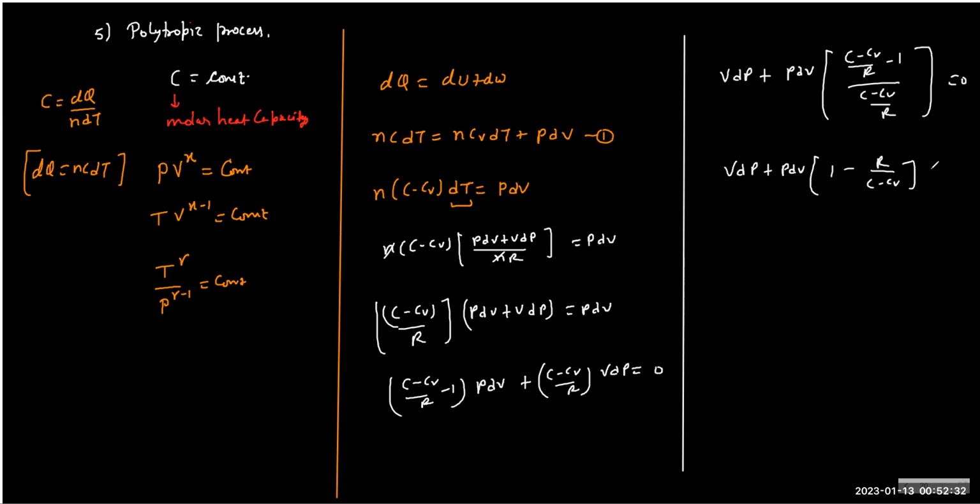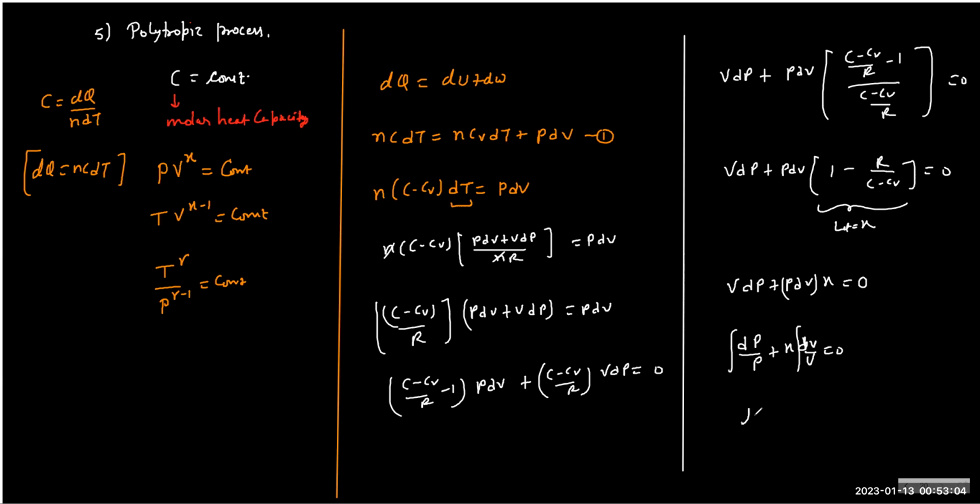So this entire bad thing, because I don't know whether it's positive, negative, or whatever, it's something unknown, let it be X. So now we have V dP plus P dV times X equals 0, right? So dP by P plus X dV by V equals 0, guys.